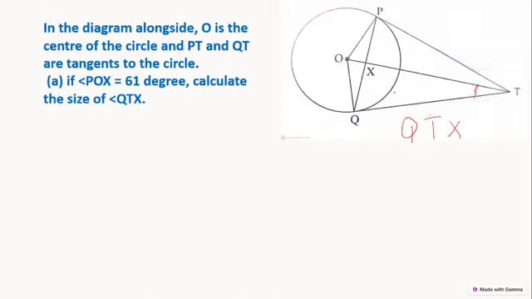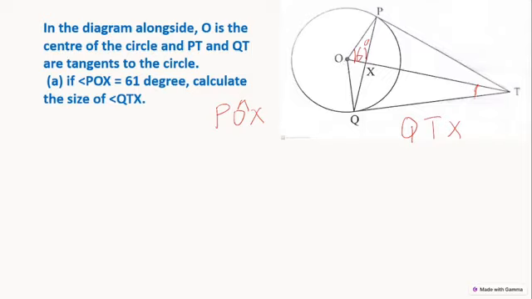So here we have been given that POX, the angle on O, this angle right here, is 61 degrees. Now we must know that PT is a tangent, QT is also a tangent.